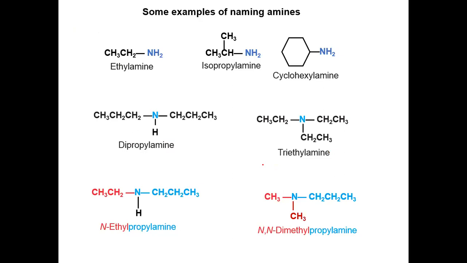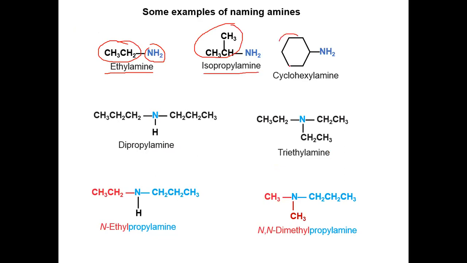Now let's name amines. The naming is also very similar to other organic compounds. We have amine, and there is a connection of an organic group, so it's going to be ethylamine. This is isopropyl, so this is isopropylamine.